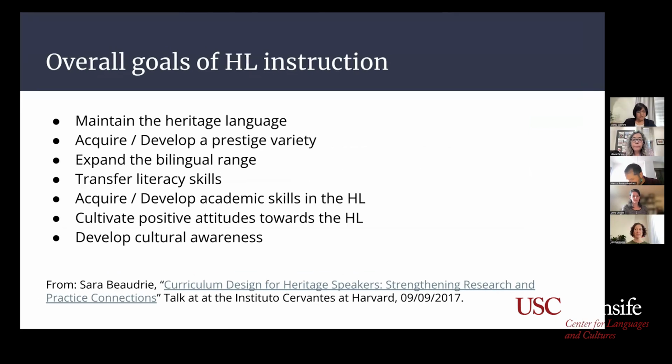The list, which you have on the screen, talks about maintaining the heritage language, acquiring or developing a prestige variety, expanding the bilingual range, transferring literacy skills, acquiring or developing academic skills in the heritage language, cultivating positive attitudes towards the heritage language, and developing cultural awareness. This provides instructors with a vision or a roadmap when developing curriculum for the heritage language classroom.